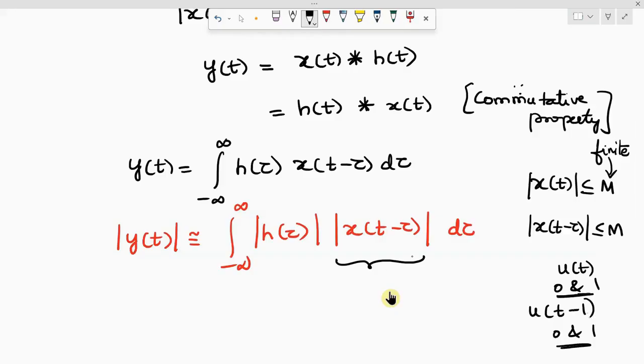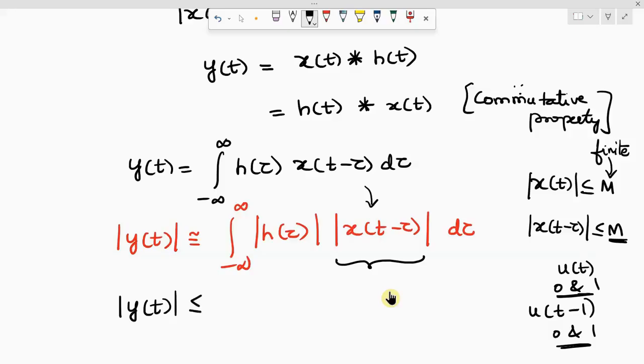So since here I have mod x of t minus tau, its bound will always be M even after shifting. I am replacing this mod x of t minus tau with its maximum bound. Then I can't keep this equality here.